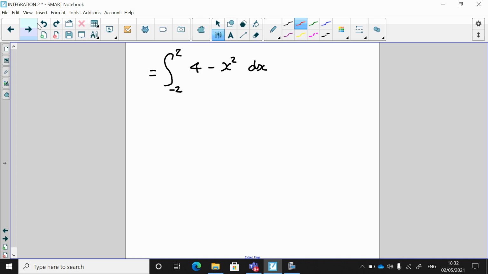Right, so let's integrate this. 4 on its own integrates to 4x, and x cubed divided by 3, and we've got a wee minus between them. But please note that we've moved on our limits of integration.